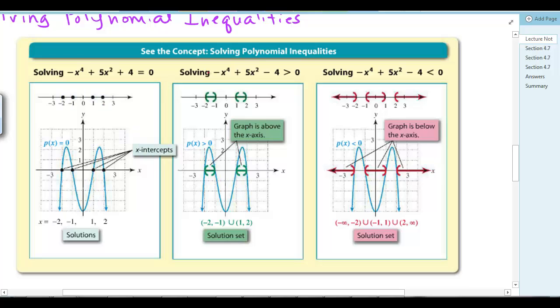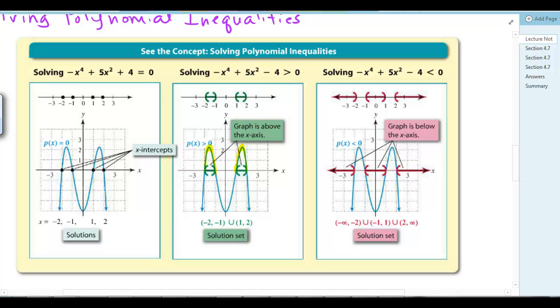But if we're using that same expression but saying where is it greater than 0, well, you should notice that greater than 0 is this piece and this piece, and our answer is about the x, so it's between negative 2 and negative 1 and between 1 and 2.